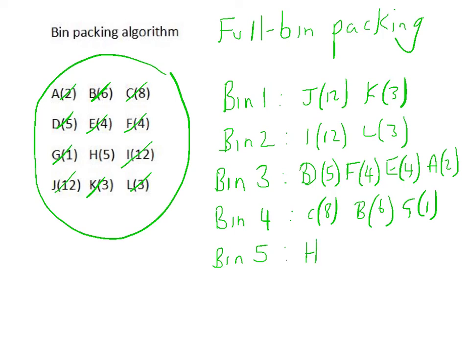So here we'll have to put in H because we haven't put that in a bin up to this point. So in full bin packing, we just, by observation, look for items that make up the required amount, or as close to that total as we possibly can.